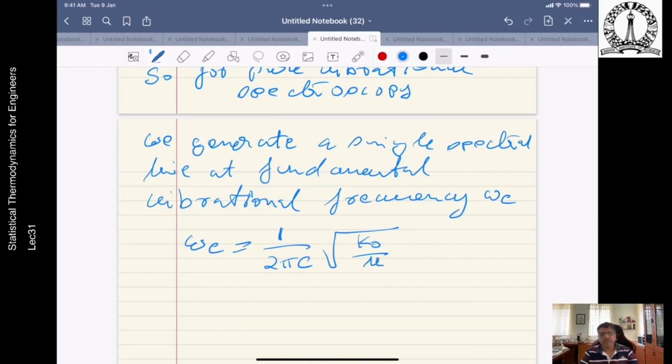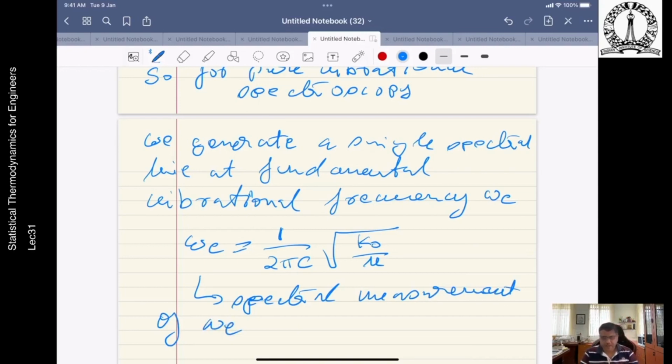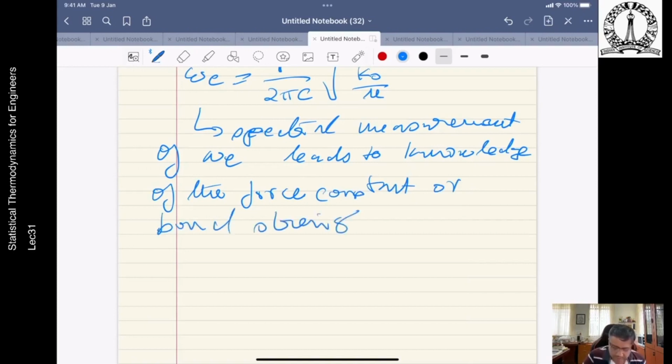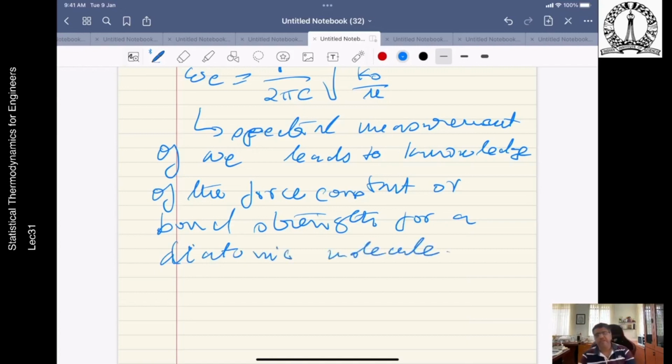Hence the spectral measurement of omega E, the fundamental vibrational frequency, leads to knowledge of the force constant or the bond strength for a diatomic molecule.